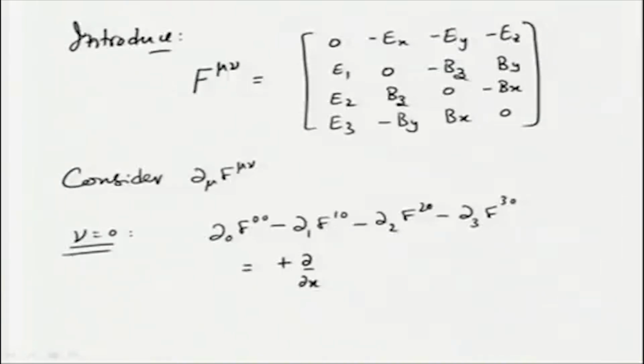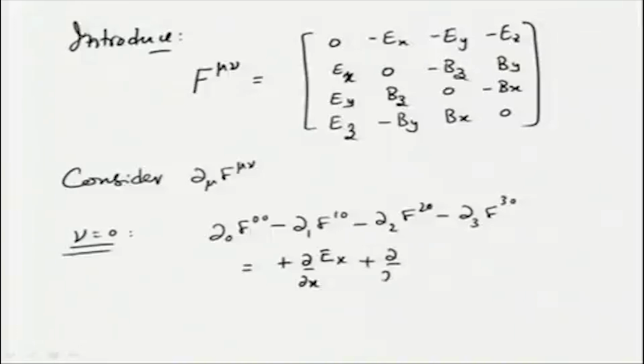Therefore, F 1 0 is E x. Okay, so I made a mistake here in the notation. It should have been written as E x, E y, E z, not E1, E2, E3, because that is the notation we are using.